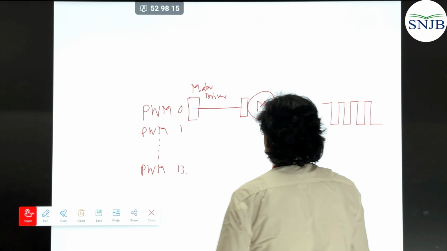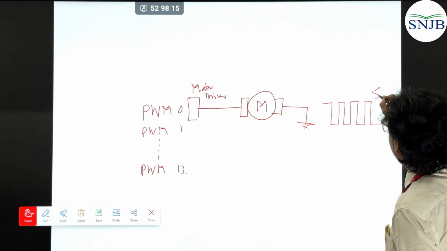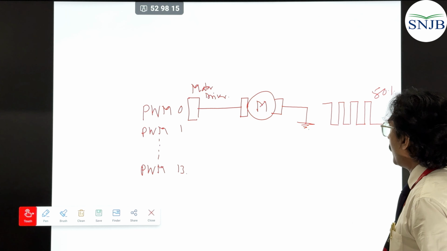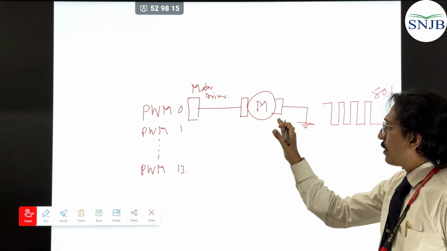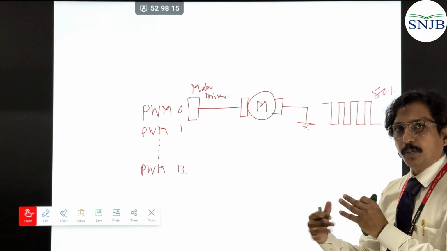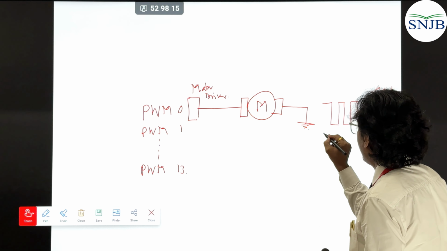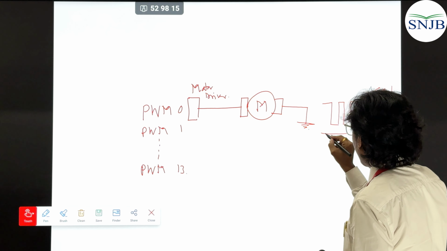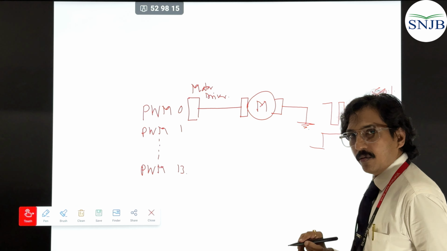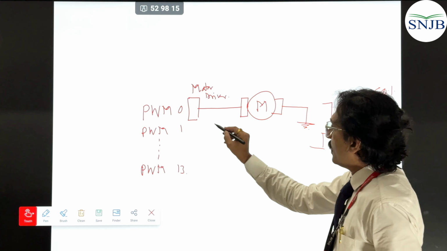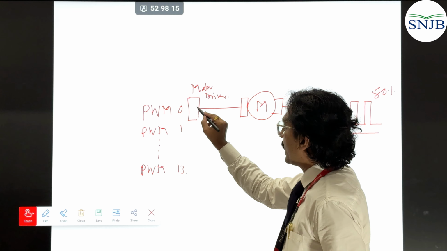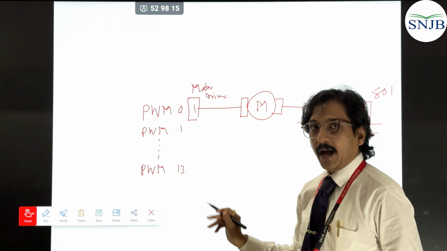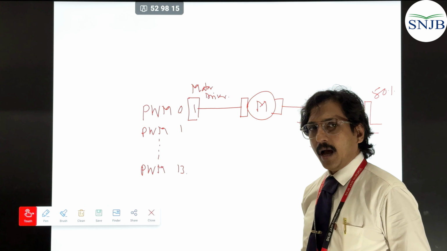If 50% of the duty cycle is utilized, our motor operates at medium speed. If there is only on period and the off period is 0, meaning the bit is continuously 1, then the motor is rotating at the highest RPM.